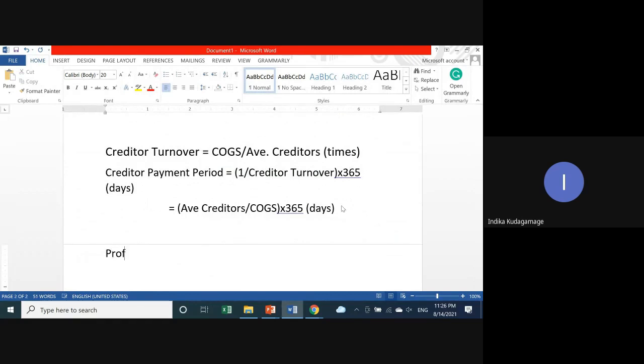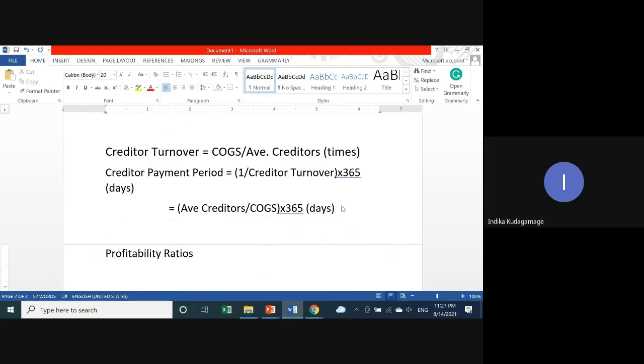Profitability ratios. All the profitability ratios are calculated using figures from the P&L, mainly, not all, mainly.